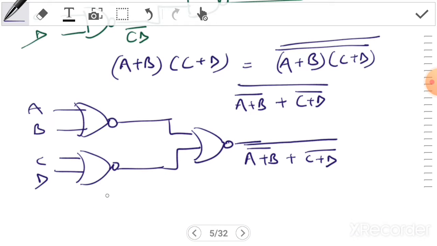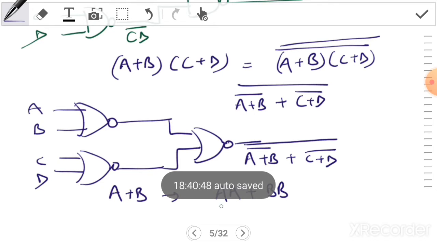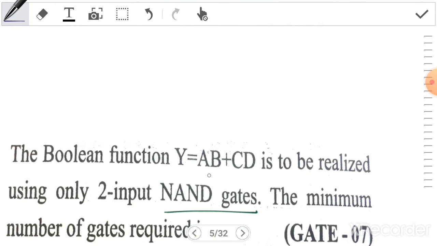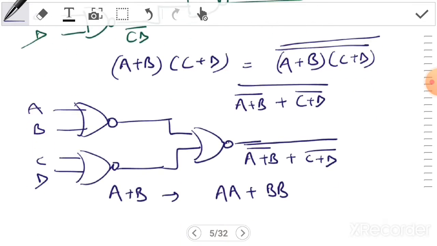So if you had only 2 inputs, and you have to realize an OR gate using NAND gates, you can write this as A dot A plus B dot B. Again this is of the form AB plus CD. So again you will require 3 NAND gates. Let me show how.